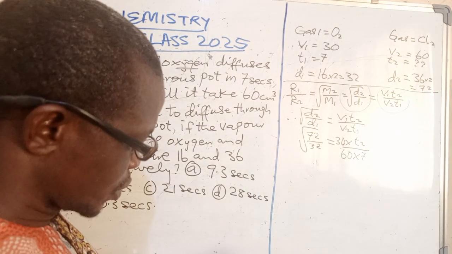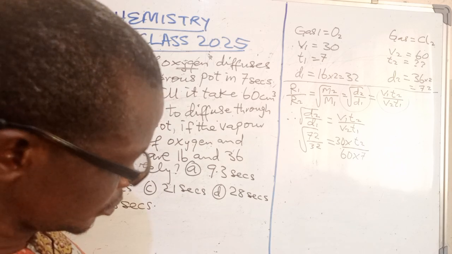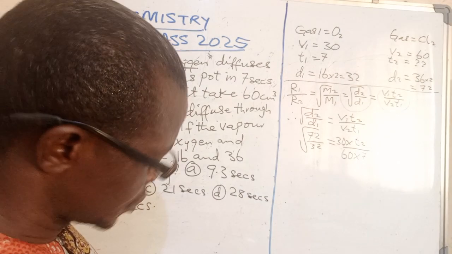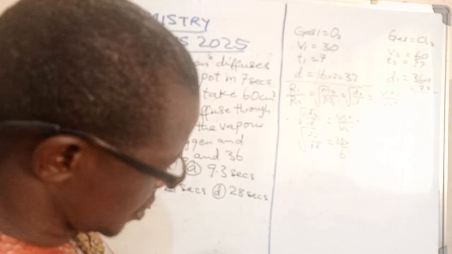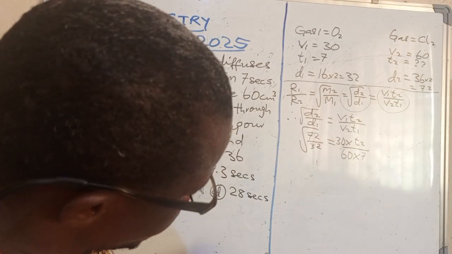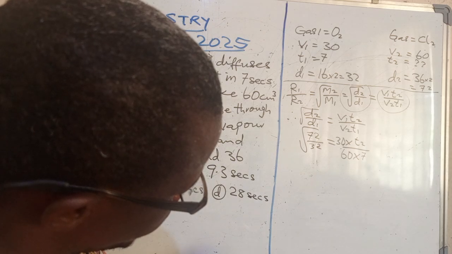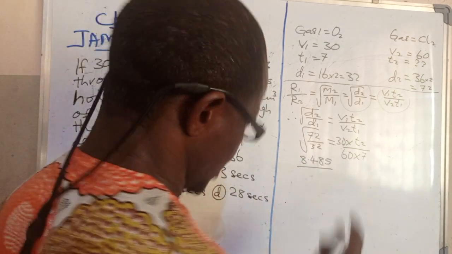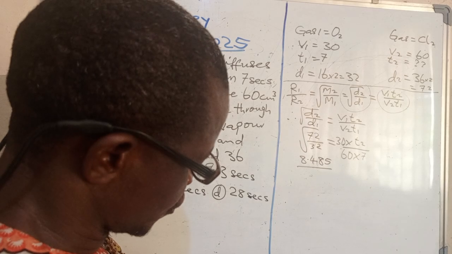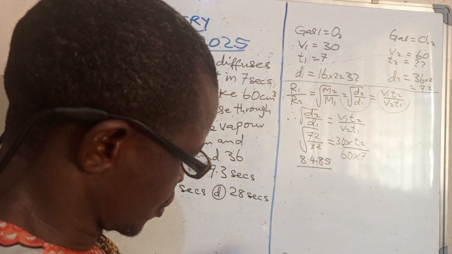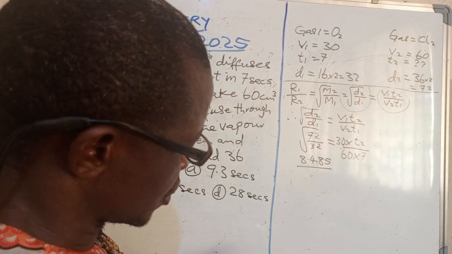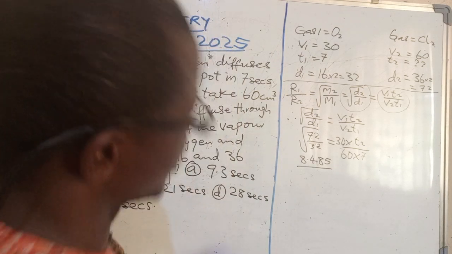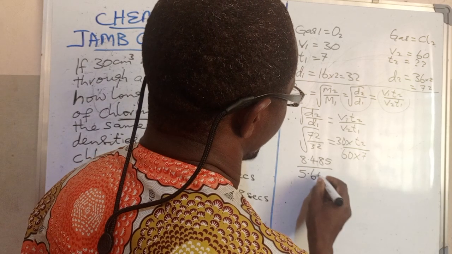The square root of 72 is 8.485. The square root of 32 is 5.657.